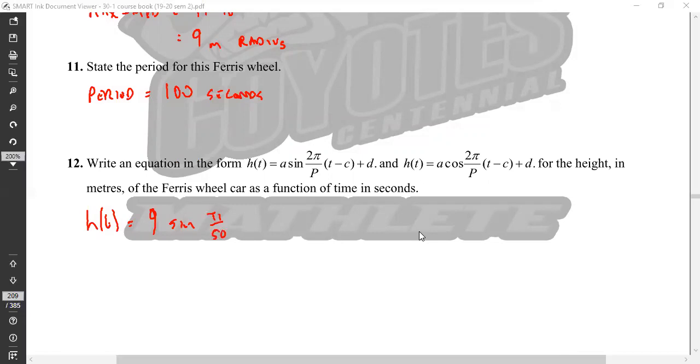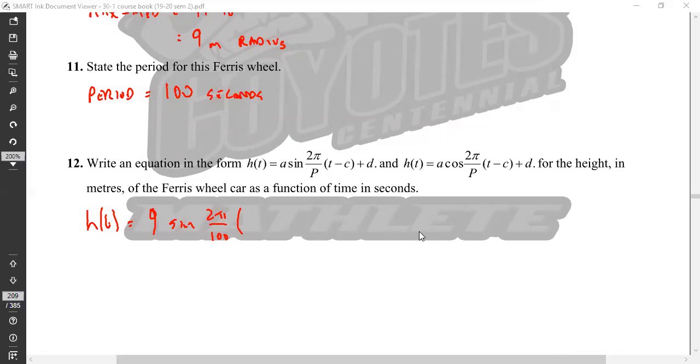Actually, let's leave it in the form of 2 pi over p, since it does ask for it in this form. Normally we would write it as pi over 50, but if it's asking for 2 pi over p, especially in a numerical response, if it's asking us to include p in here, this would be 2 pi over 100. Normally we would simplify.